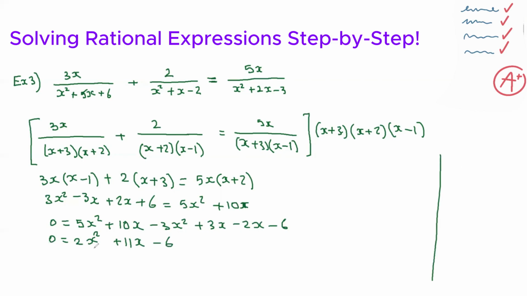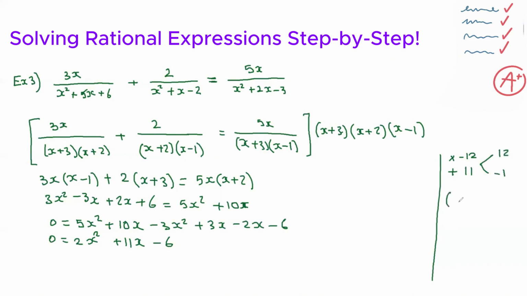So to factor this, because we have a leading coefficient, it's not as easy to factor as if it didn't have a leading coefficient there that we cannot factor out. So we go 2 times negative 6, and that's negative 12. So we're looking for what multiplies to give us negative 12, and adds to give me that number in the middle, the coefficient of x, which is 11. And the two numbers here will be 12 and negative 1.